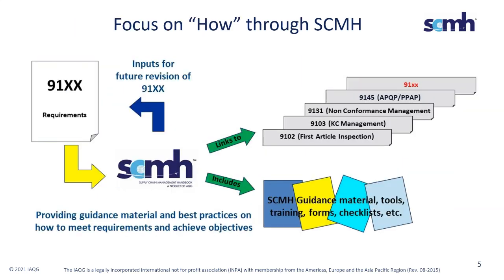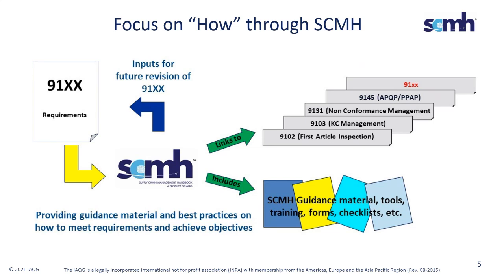So we've had this slide here for many years now to show how the SCMH is involved within the IAQG process of creating requirements. So you have the 9100 series requirements. Then you have the ones that feed off of that, like first article inspection, non-conformance management, and of course 9145.